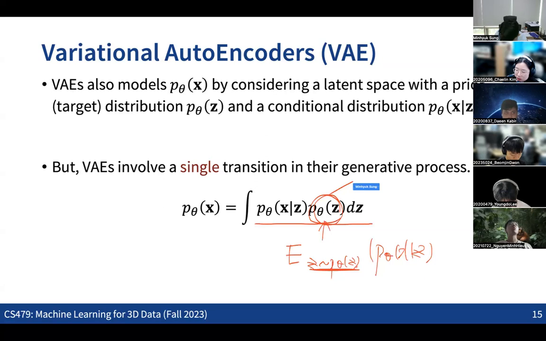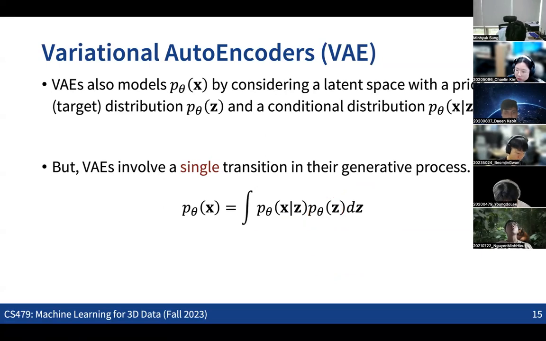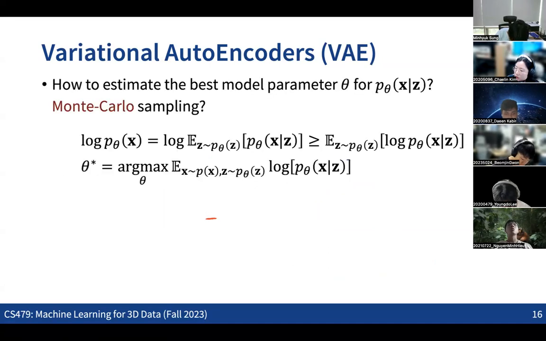This will be a discretized version of computing this integral, to compute the probability for each of the data samples. So that's what we have here.